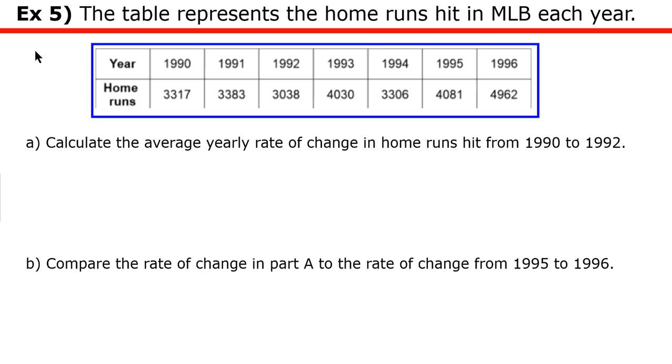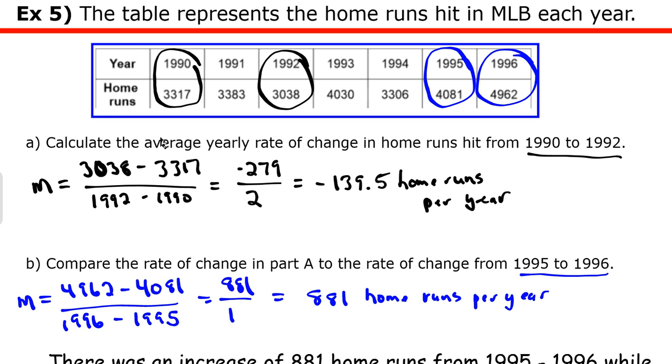For this one, I'm going to tell you to pause the video. You can calculate the average rate of change here and compare it to a different average rate of change, because we've done this before, so pause this video and try this out, please. Thank you. Here we calculate the average rate of change of home runs hit from 1990 to 1992. We got negative 139.5 home runs per year, so it looks like they went down during those 2 years.